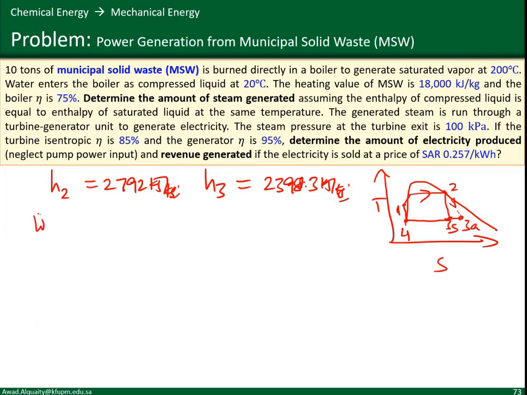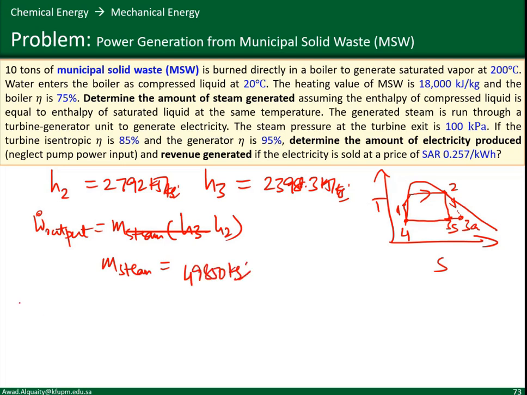You can calculate the work output from the turbine, which is the net work output because we are neglecting the work input in the pump. So this is mass of the steam times S3 minus S2. Mass of the steam we calculated by using the information given for the boiler, and it came out to be 49,850 kilograms.